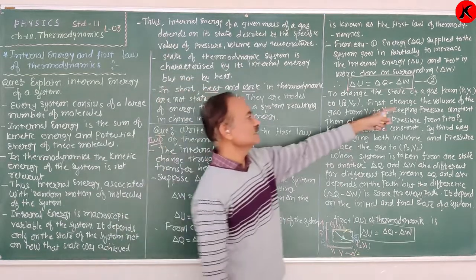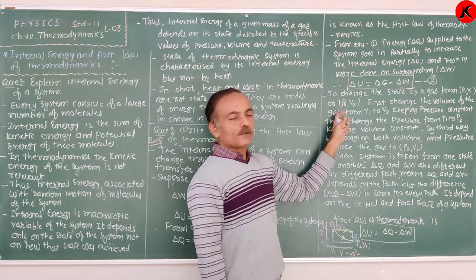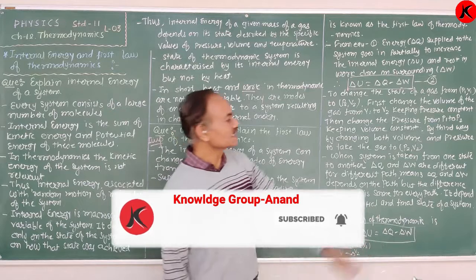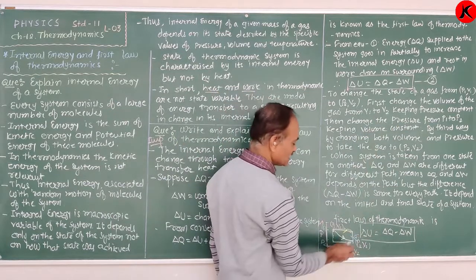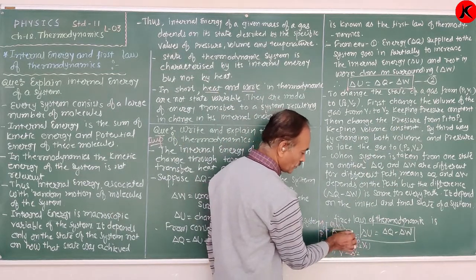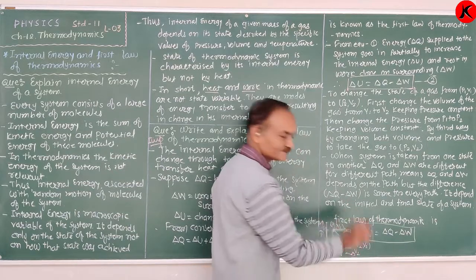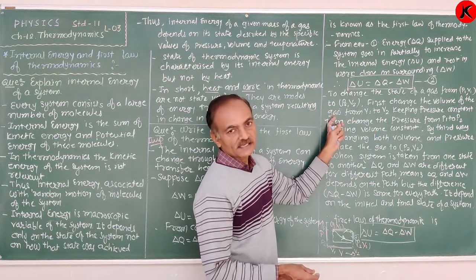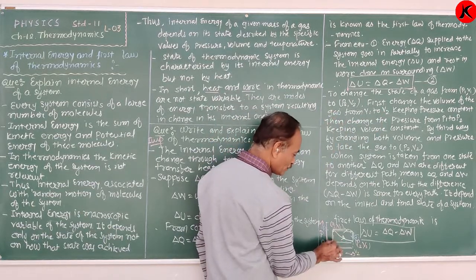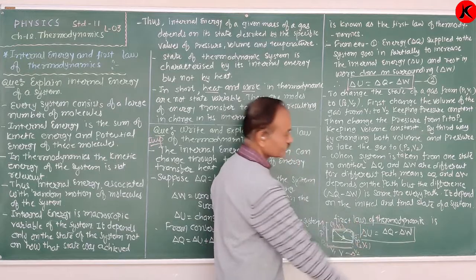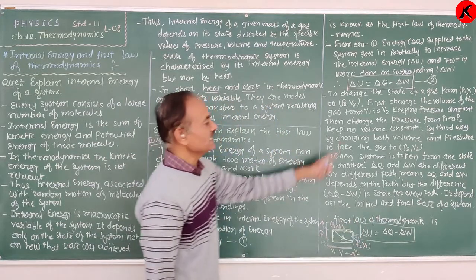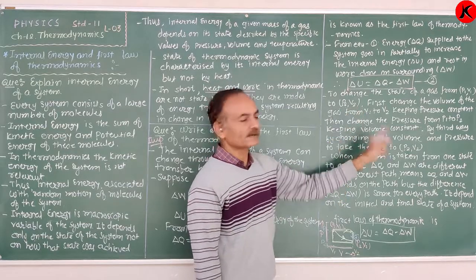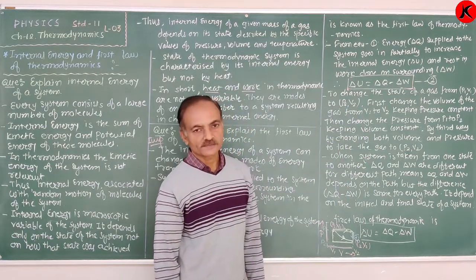First, change the volume from V1 to V2 at constant pressure. Second, change the pressure from P1 to P2 at constant volume. And third, change both volume and pressure to bring the gas to the final state P2 V2.